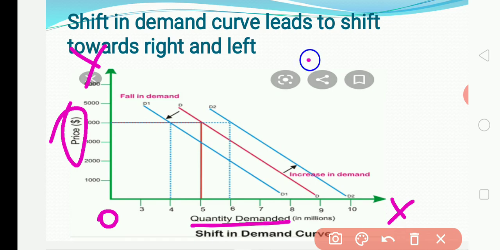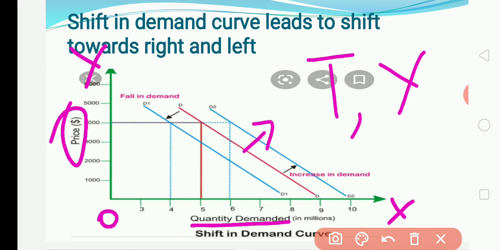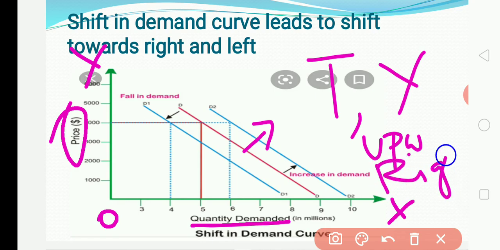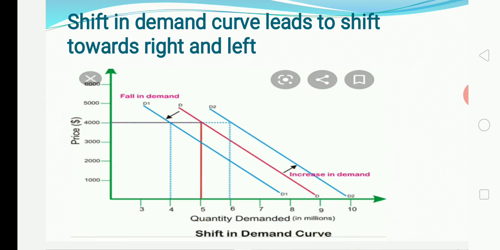So when the taste and income of a consumer increases, the demand curve shifts upward or rightward. So the demand curve is shifting upward or rightward from the original demand curve.